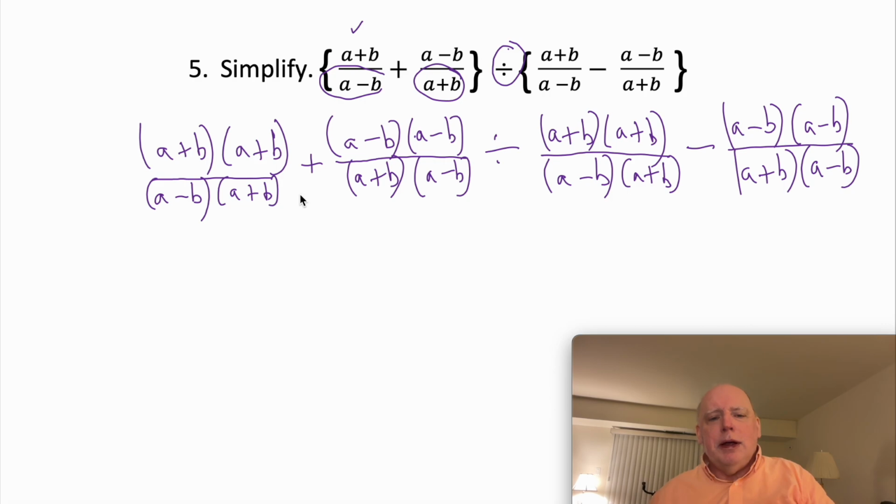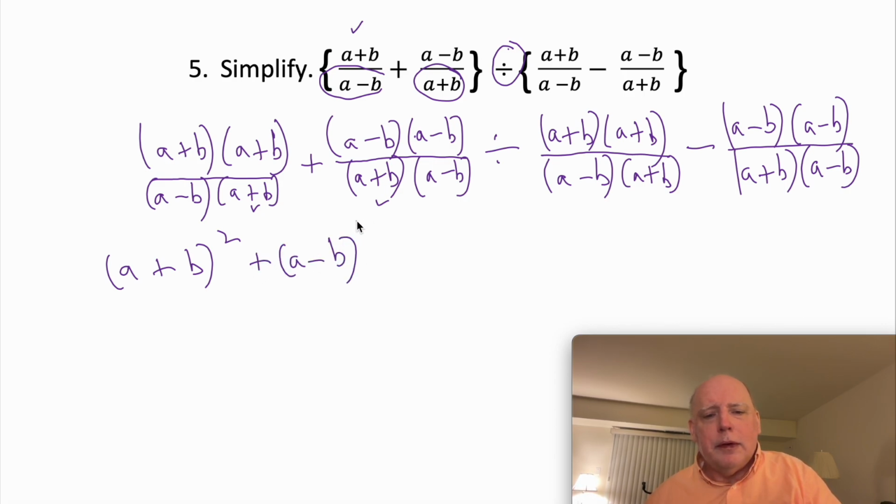So we have a common denominator, so we can write both of these fractions over the same denominator. And just note that a plus b times a plus b is a plus b squared. So we'll just make it a little shorter there. So that's a plus b squared plus a minus b squared, all over this common denominator of a minus b times a plus b.